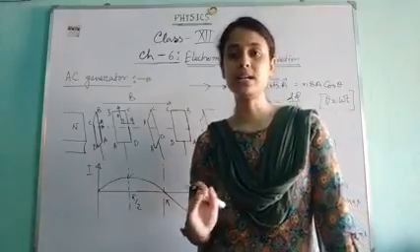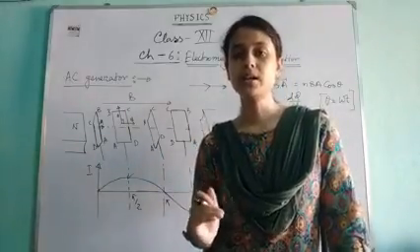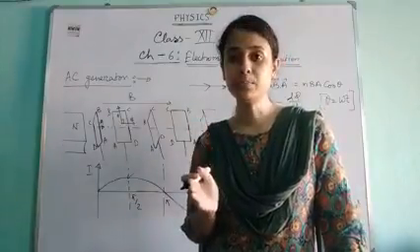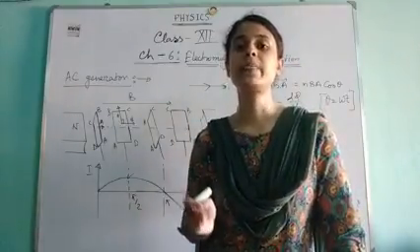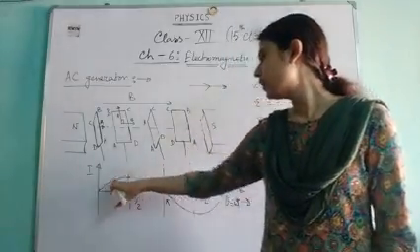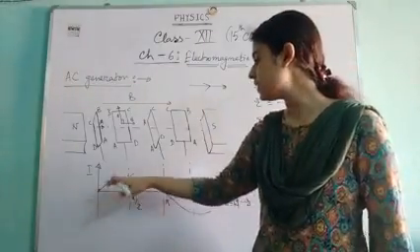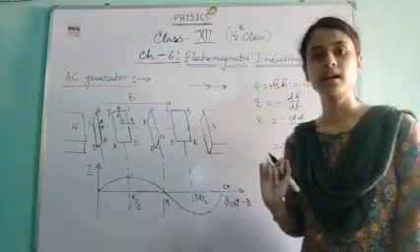In the horizontal position, you will be getting the maximum current, and when it is in the vertical position, you will be getting 0 current, and in between you will be getting the in-between values of the current, and hence you will get this AC curve.